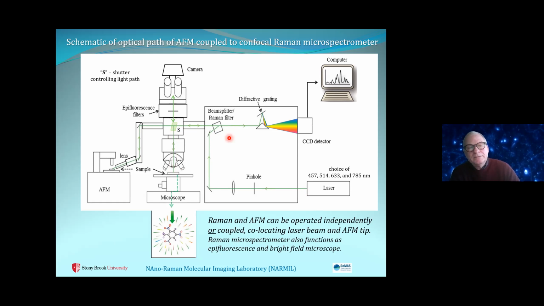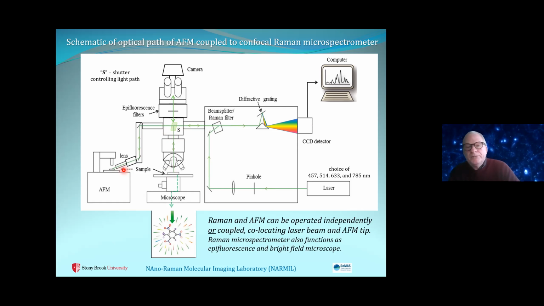We can then photograph it and then change the position of the shutter here, and then we are able to get the spectrum. And as I said, the unique feature of our system is that we can redirect the laser light rather than to the optical microscope, we can send it to the atomic force microscope and get chemical information at a 10-fold higher spatial resolution. See smaller spots.